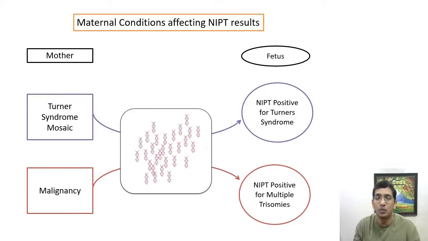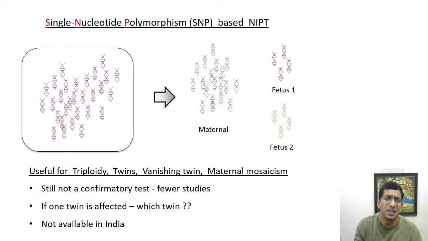So if you do an NIPT in a woman and it shows the fetus is positive for trisomy 21, trisomy 13 and trisomy 18, seriously, the fetus can't be positive. What are the chances of being positive for 3 trisomies? In such cases, when you get such weird reports, you should look at the mother and suspect the possibility of some malignancy.